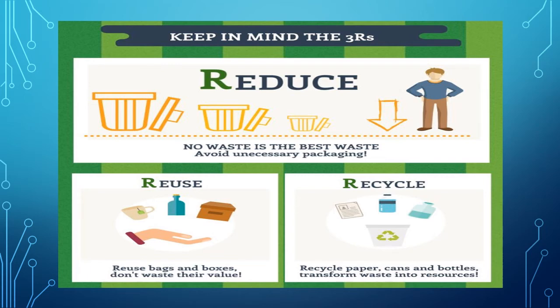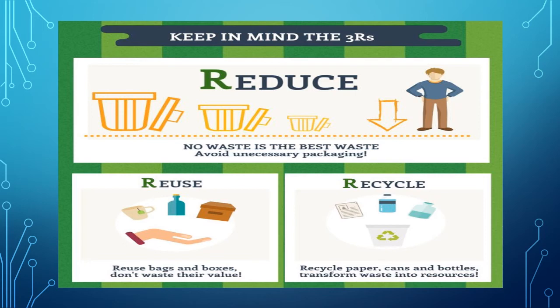Second is R for reuse. We should try to reuse things. Reuse bags and boxes. Don't waste their value, so that we can conserve the resources for future use. R for recycle. What does it mean? Recycling paper, cans, bottles, transforming waste into resources.